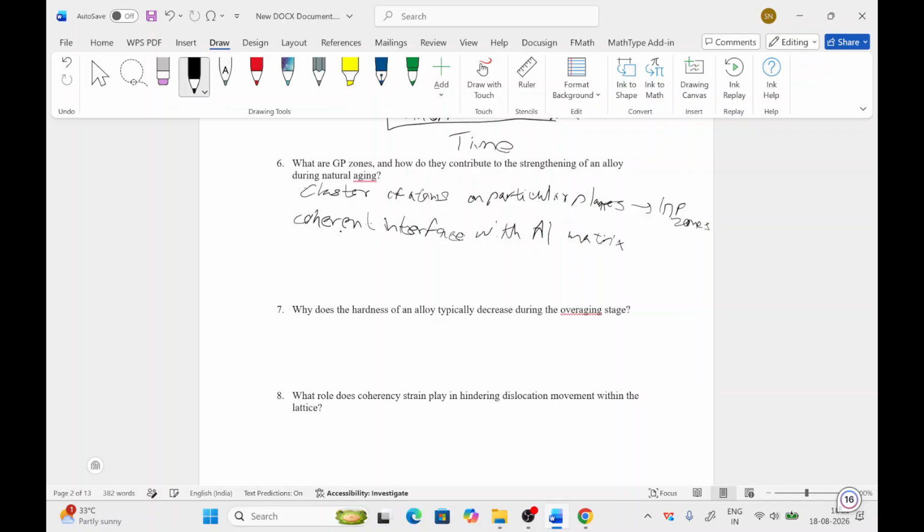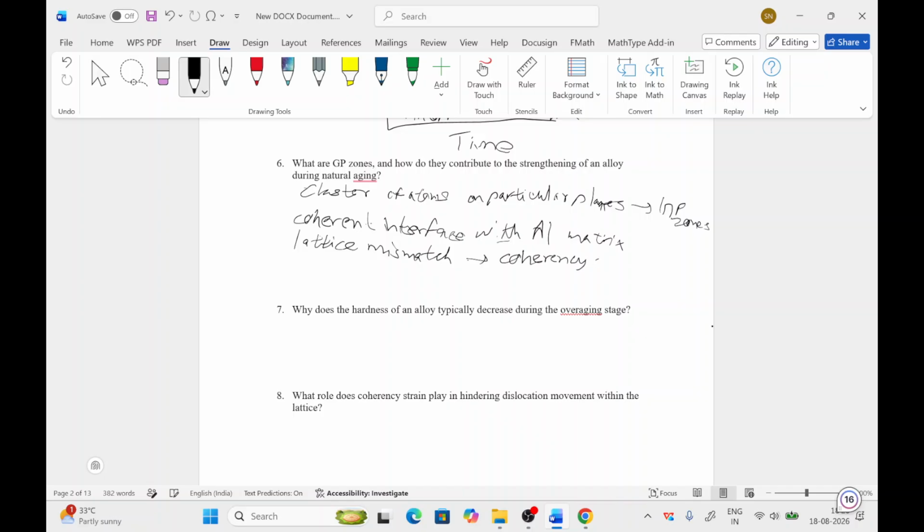So because a coherent interface is there, some little lattice mismatch will always be present, and this lattice mismatch creates some type of coherency strain.